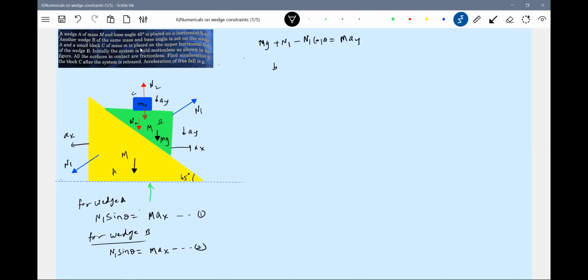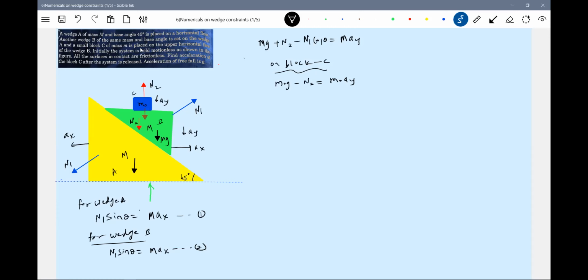Then on the block, these are the primary equations. So this will become m0g minus N2 equals m0ay. Okay, let me add up these two.